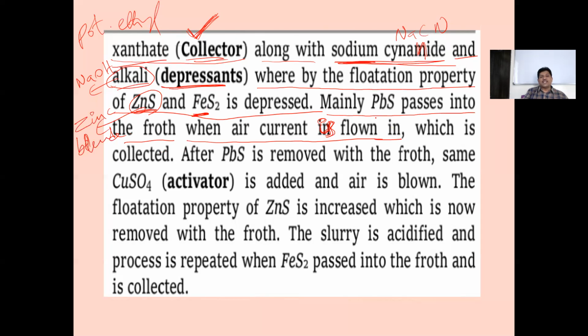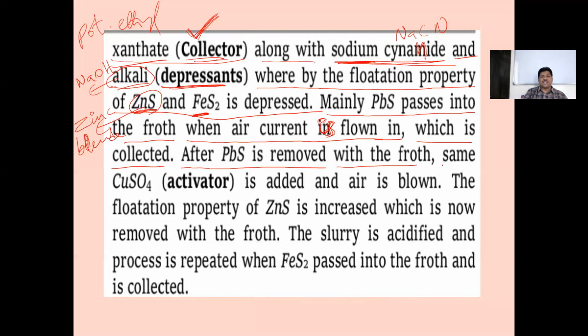The PbS will pass into the froth, which is collected. The PbS is collected at the surface with the help of the collector called potassium ethyl xanthate. After PbS is removed with the froth, what will be left over now? ZnS is left over at the bottom and FeS2 will be left over.